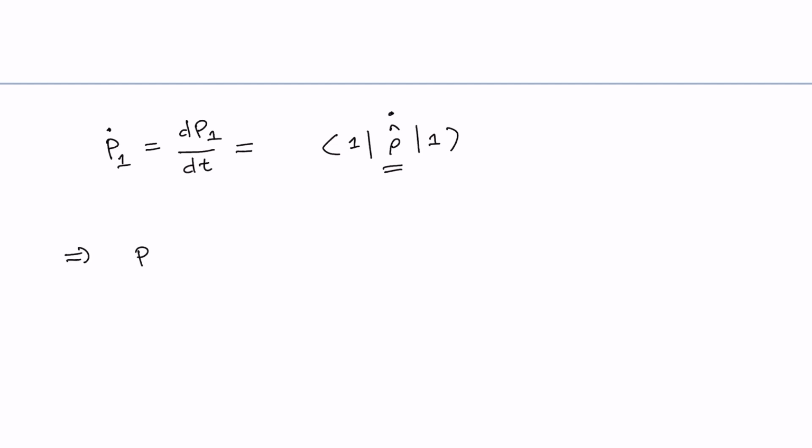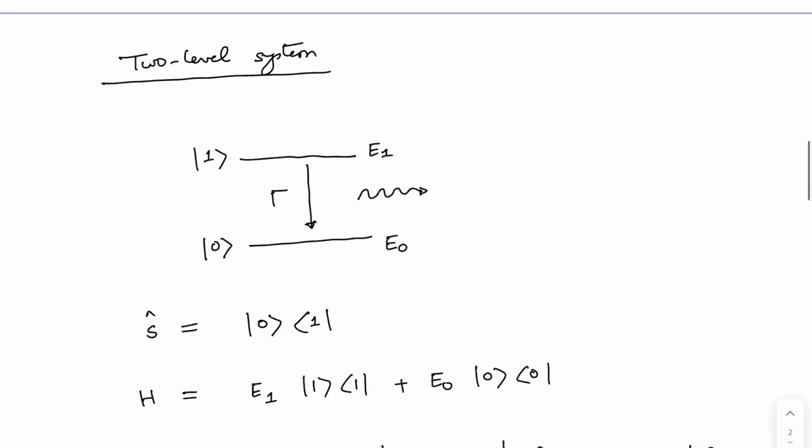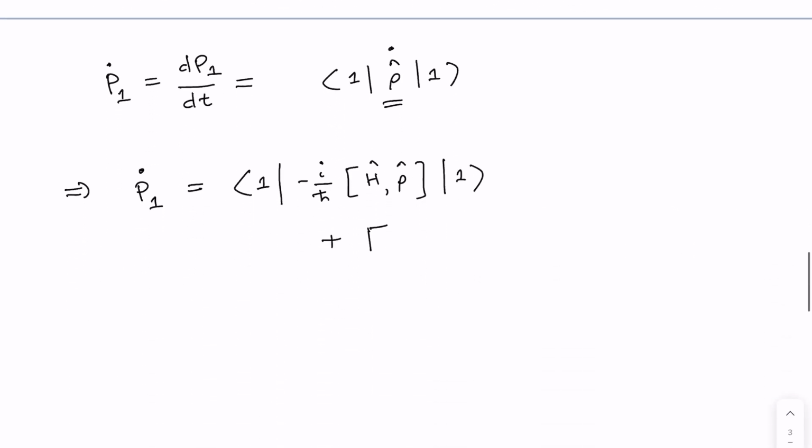So I have the time rate of change of excited state probability is equal to, the first term in the Lindblad master equation is minus i by h bar [H, rho], and here I have <1|, and then the next term, the transition rate, the spontaneous emission rate, or the dissipation coefficient, is gamma, and I have |1>.